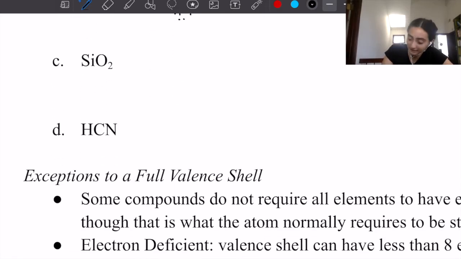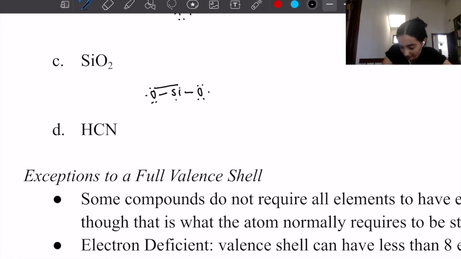So next we have silicon dioxide. I'm going to draw silicon in the center and then 2 oxygens on either end. Oxygen has 6 valence electrons and silicon has 4. So I'm going to first start by bonding everything together once. And if you count, we have 1, 2, 3, 4, 5, 6, 7 electrons only for oxygen. So we know that each oxygen still needs 1 more. And this is where a double bond comes in.